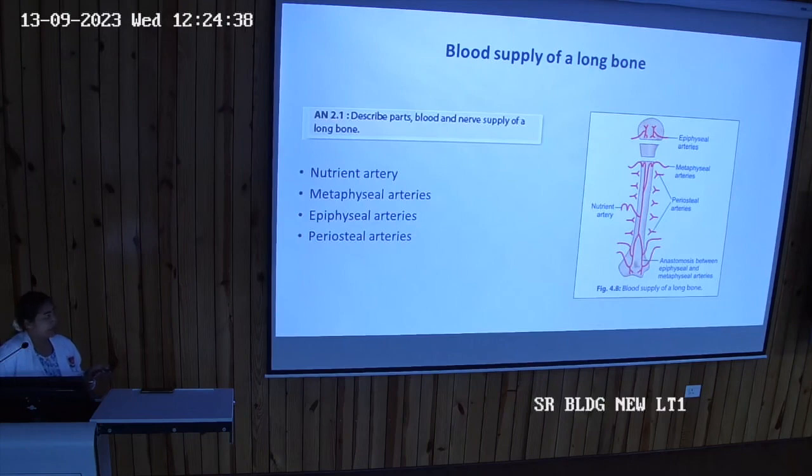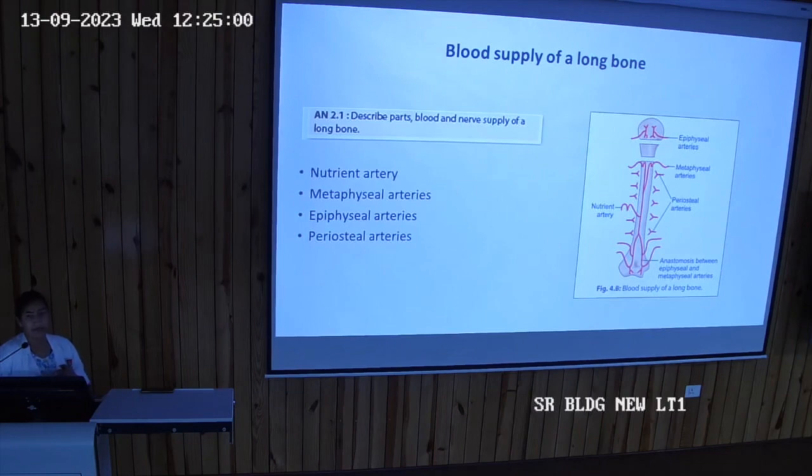Now this nutrient artery, when it enters the bone, will divide, going upward and towards the lower side. At the upper end, towards the metaphysis in the growing bone, it forms the metaphyseal arteries.